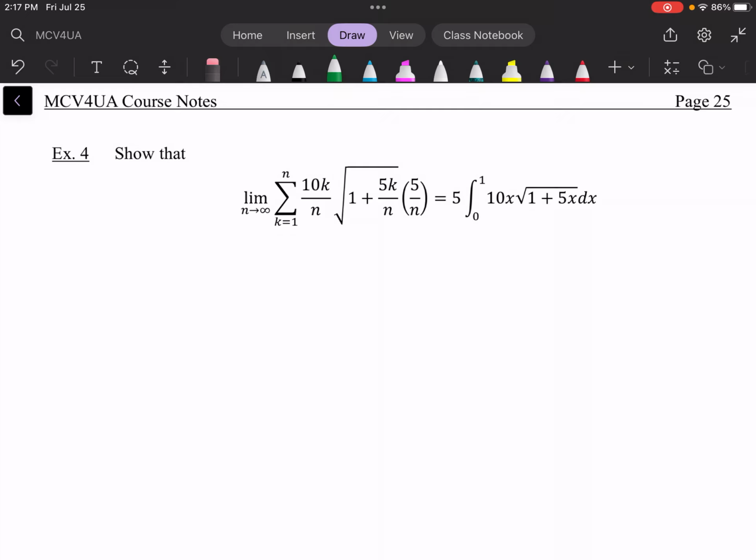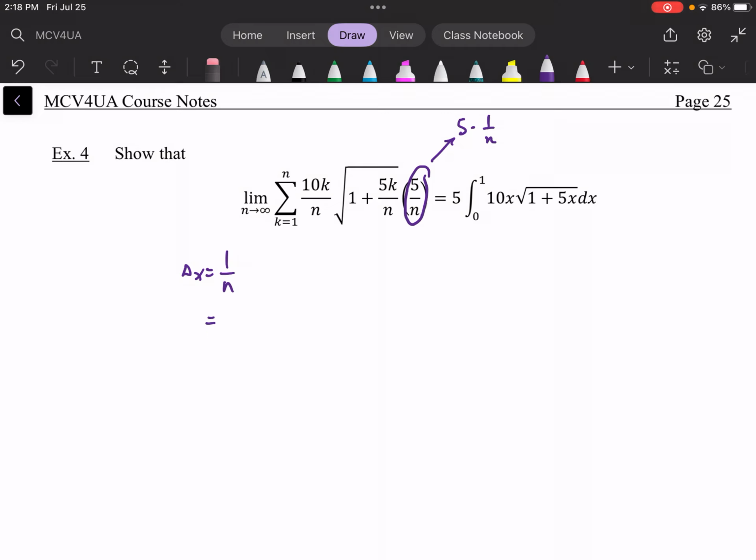So instead of taking the 5 over n as our value, I'm only going to take the 1 over n aspect and make that equal to the change in x value. Well, if that's the case, realize that 5 over n is actually 5 times 1 over n.